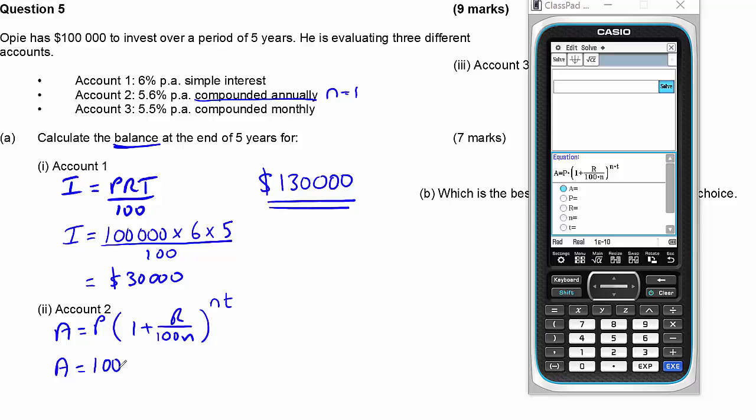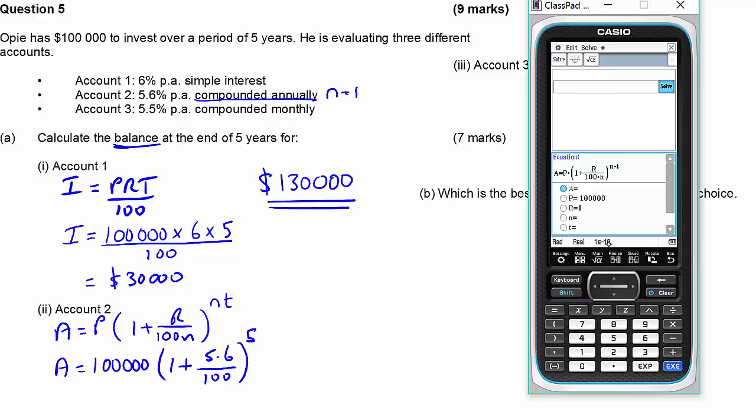And this does give us the amount in the account, not just the interest. So that's 100,000 (1 plus 5.6 over 100) to the power of 1 times 5, because it's 5 years. So we do want the amount, so principal 100,000.